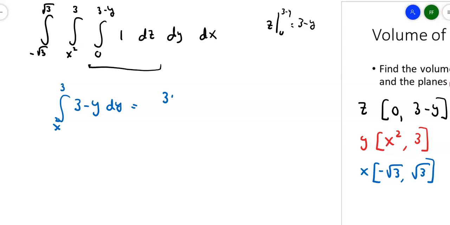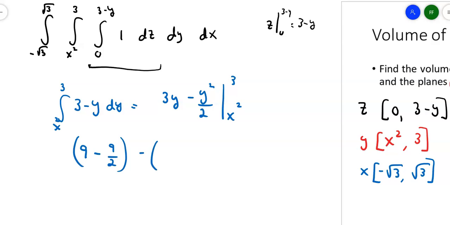3y, because I tack on a y for each one, minus y squared over 2, evaluated at 3 and at x squared. So when I put the 3 in for y, I get 9 minus 9 halves, and then minus, replace that y with an x squared, and so I get 3x squared minus x to the 4th over 2, because when I put x squared in for that y, I get x squared squared.